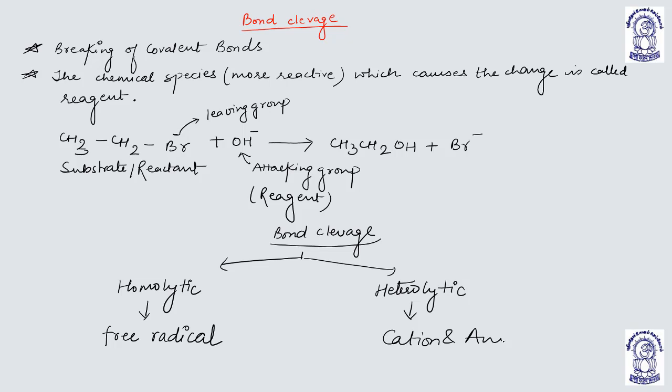Means to say, both homolytic and heterolytic bond cleavages give rise to two different types of reaction intermediates respectively. On the basis of type of cleavage involved, these are the reaction intermediates. Heterolytic gives what? Cation and anion, and homolytic gives what? Free radical.